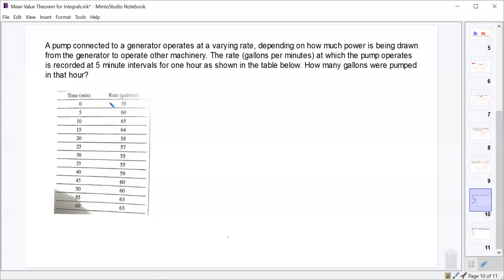So every 5 minutes we're accumulating a certain amount of gallons. And so that's going to be like our accumulator function for the last one, where we're accumulating a number of millions of bushels of potatoes per year. Does that make sense or no?